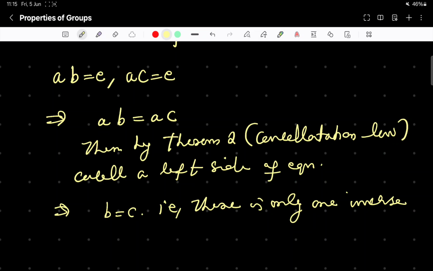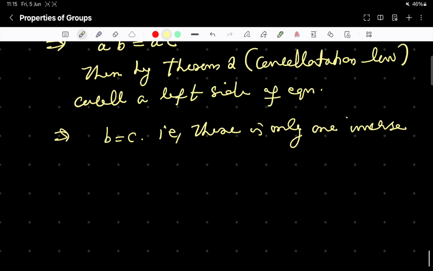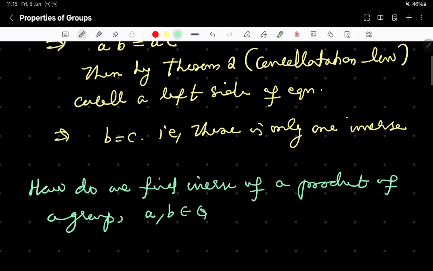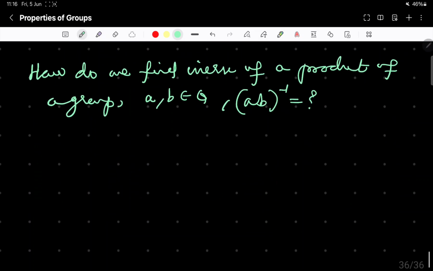Next thing is, how do you find the inverse of a product in a group? That means if AB is in G, what is AB whole inverse? Let it be theorem 4.